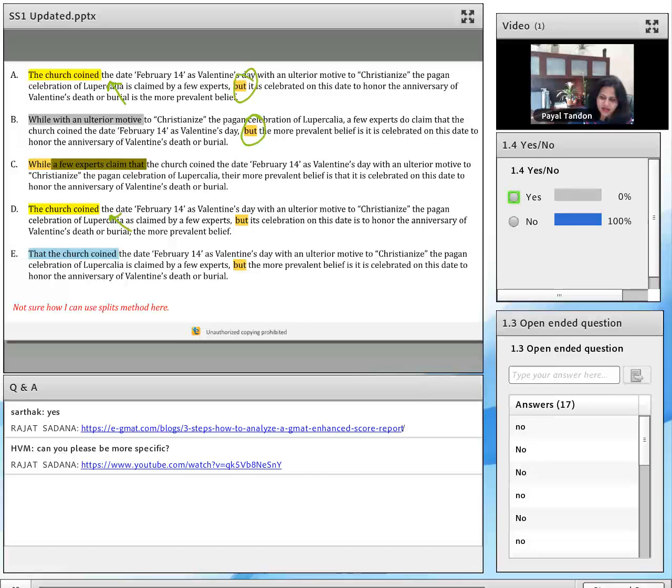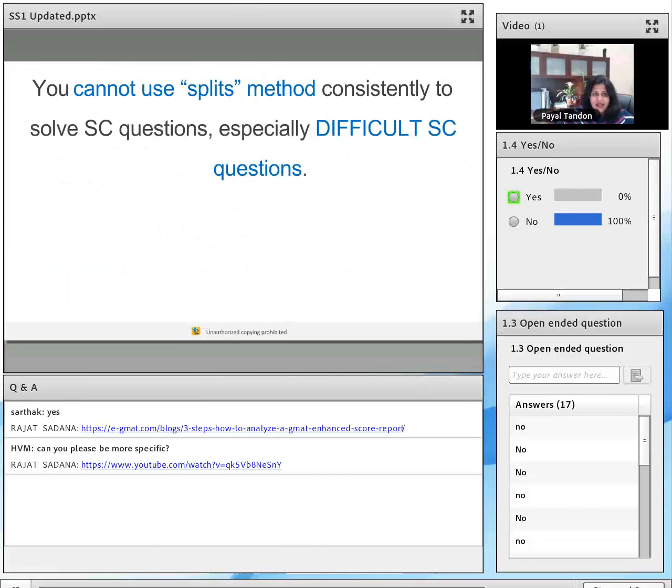When it comes to "but," there is "but" in all 4 choices except choice C, where some of you may have thought that "while" replaces "but," so then it's okay. So again, it becomes really difficult to figure out what is correct and what is incorrect if you're simply doing that scan to get clues. So clearly you cannot use the splits method, the vertical scanning, or identifying similarities and dissimilarities consistently.